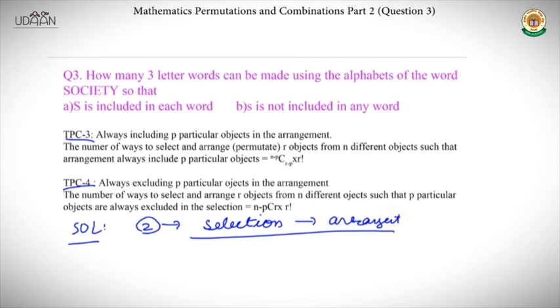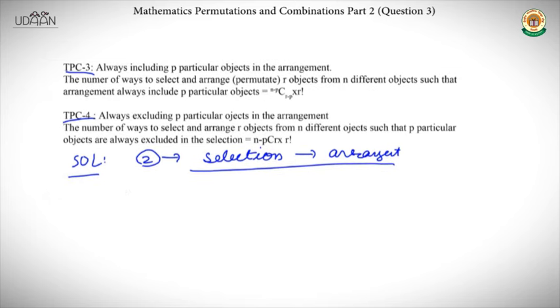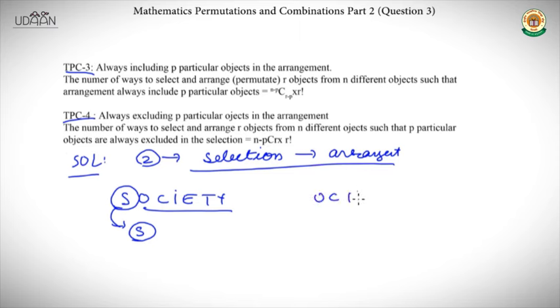This question states that we have to make 3-letter words from the word society, such that we always include S. Now the leftover letters are OCIETY.